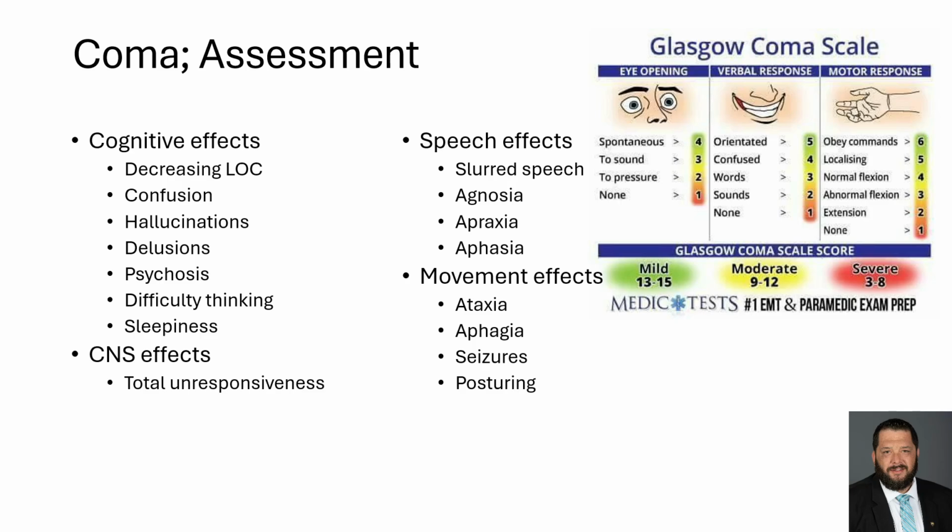Each of those sections start at a 1 and go to a 4 for eye-opening, a 5 for verbal response, and a 6 for motor response. This means that the lowest score on a Glasgow Coma Scale would be a 3, while the highest would be a 15.